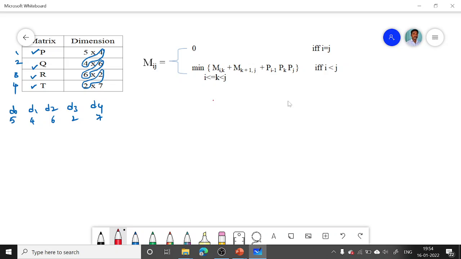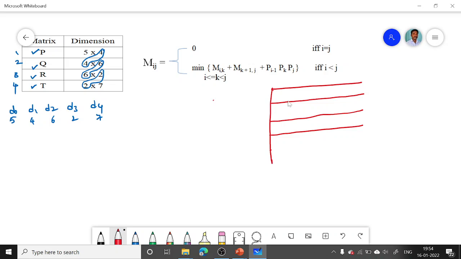So this is my table. Like rows and columns I have.